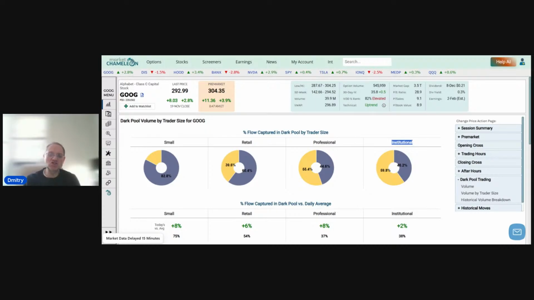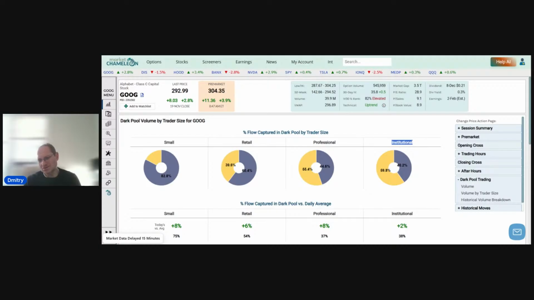So the lit exchange is where you'll be going to access the liquidity that's seen, right? To grab that liquidity that's already resting and available.